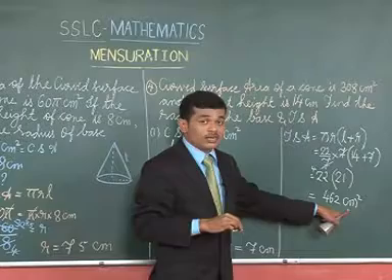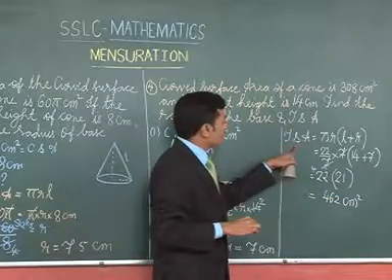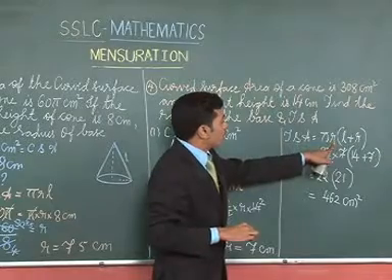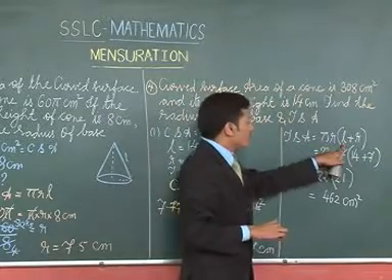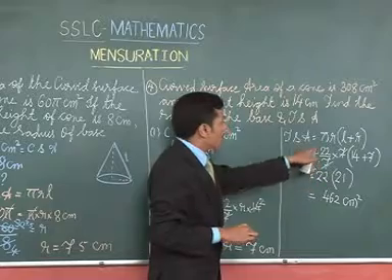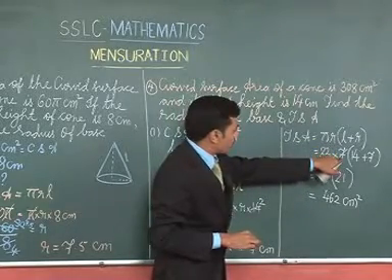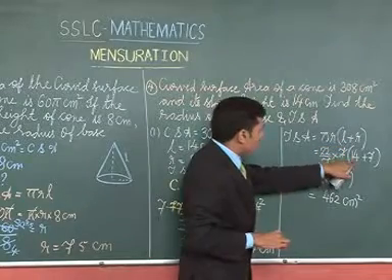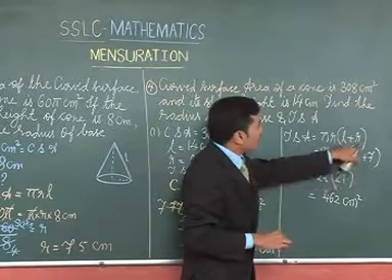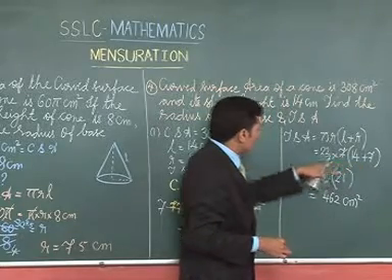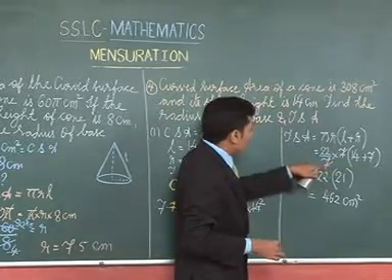Let us recapitulate it again. The total surface area we are asked to find out, where we know the radius of the cone and the slant height. So we have just substituted the values. Pi is equal to 22/7, r is equal to 7, L is equal to 14, which is already given in the question, and r is equal to 7, we have found it out. So when we substituted, we got this. So we cancelled 7 and 7.